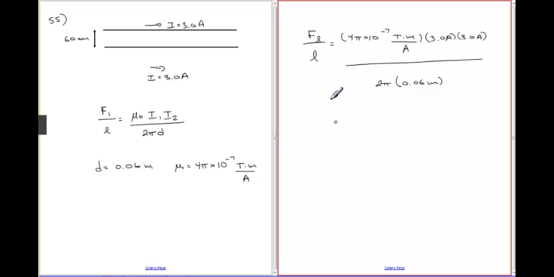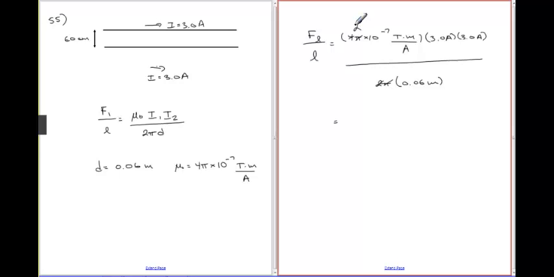And I'm just thinking about units. What you would have to do is convert Tesla to whatever the base units for Tesla are. We'll do that. But right now, since everything's in its base units, amps, Tesla, meters, we can just do the calculation. You can see that the pi's are going to cancel out, and you've got 4 here and 2 there, so that would become 2.